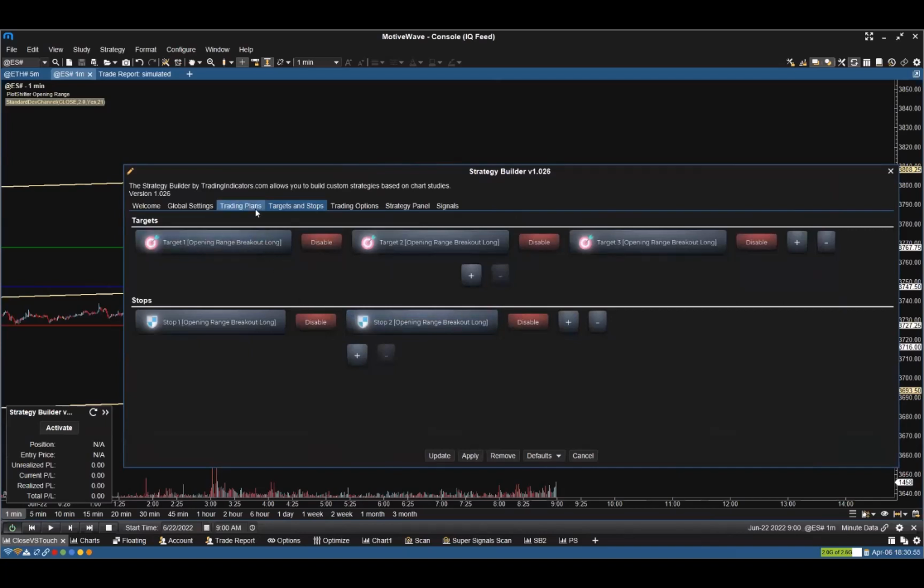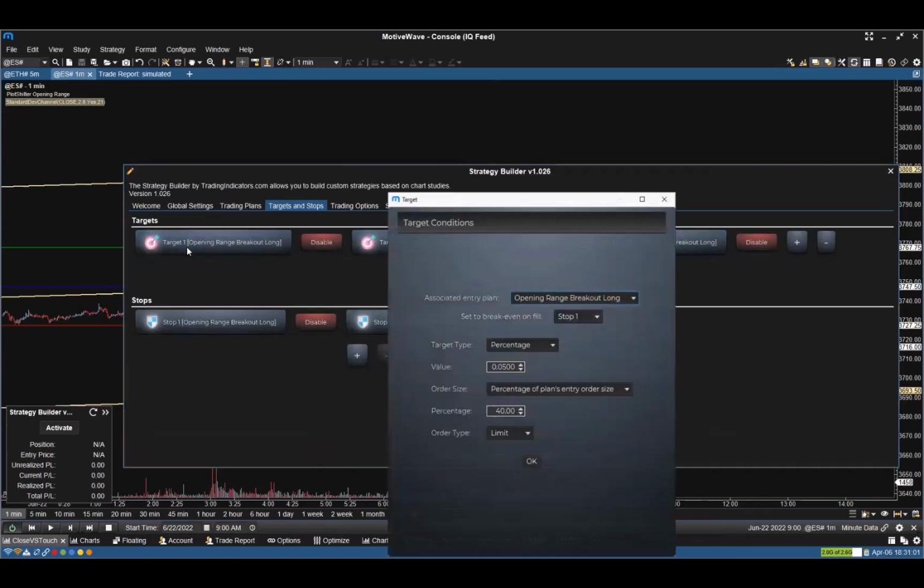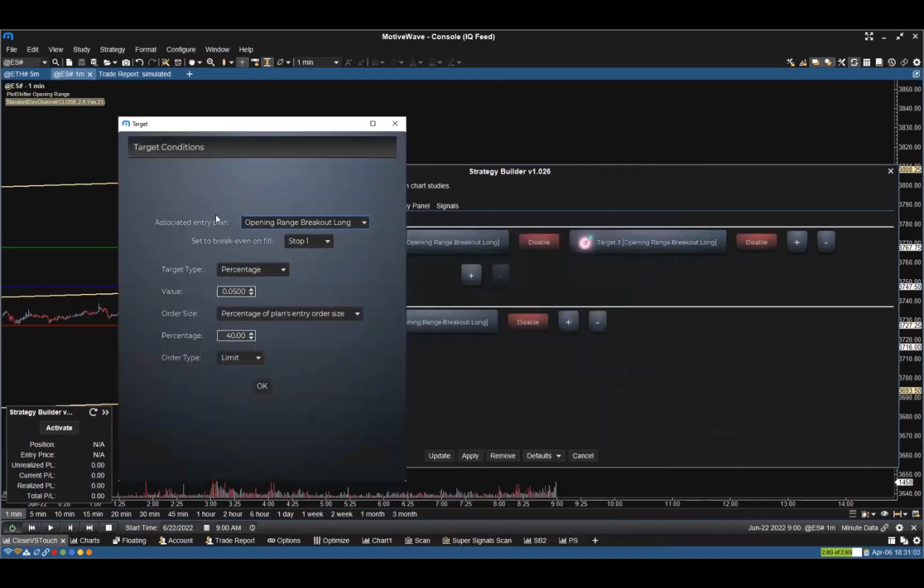So remember, when we go long, we're entering for 100 units. And I've set up 3 targets. My first target will be placed at a percentage value, 0.05% above the entry price. So right when we get that long entry, we're going to set a target, a limit order.